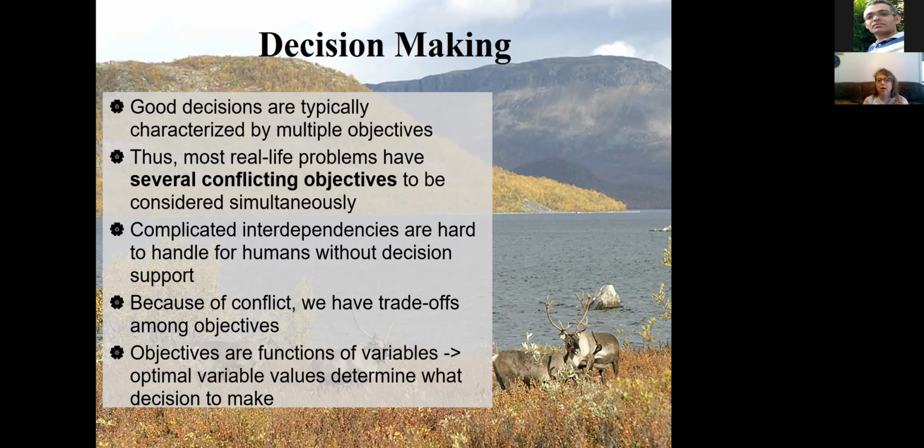For example, with profit we typically maximize, and with costs we minimize them. Which direction is better comes directly from the type of function we want to include. The functions depend on the decision variables, and by finding the optimal values of the decision variables, we know what actions to take in order to get good values for the objectives. That's the basic setting of decision making.